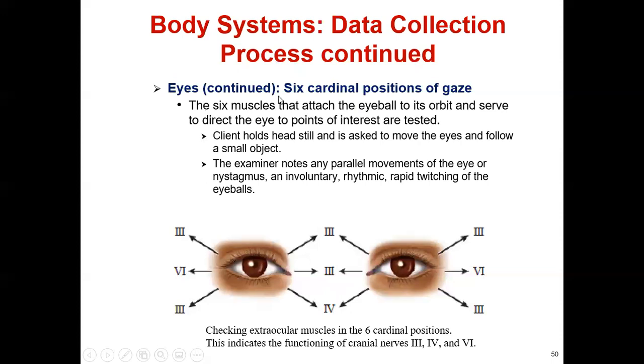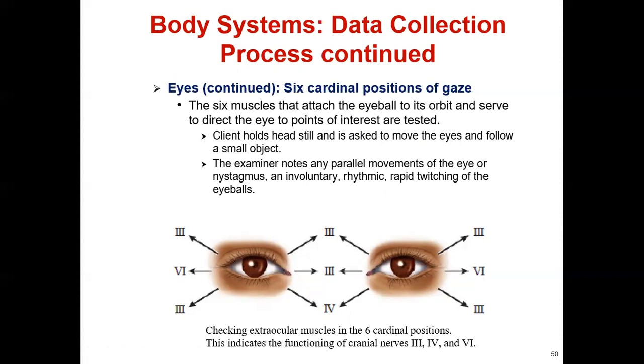Now, the six cardinal positions of gaze. The six muscles attach to the eyeball and its orbit and serve the direction of the eye; the points of interest are tested. So there are six muscles that participate to complete movement of our eyes.